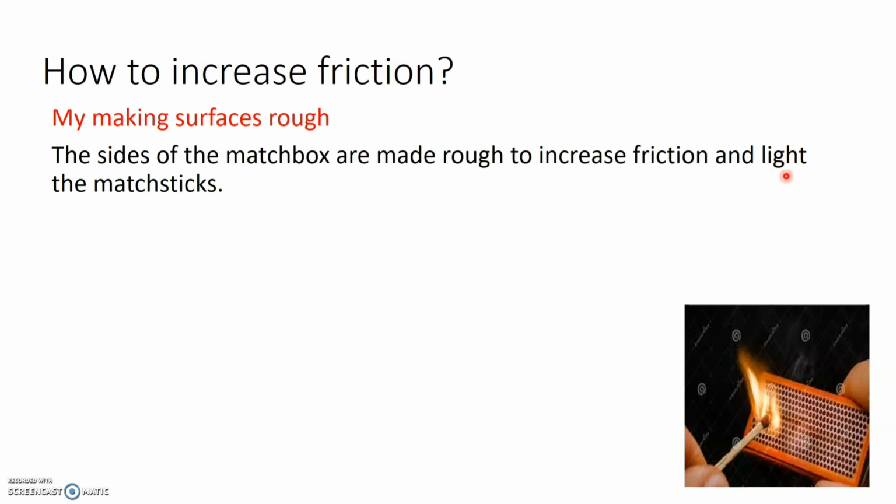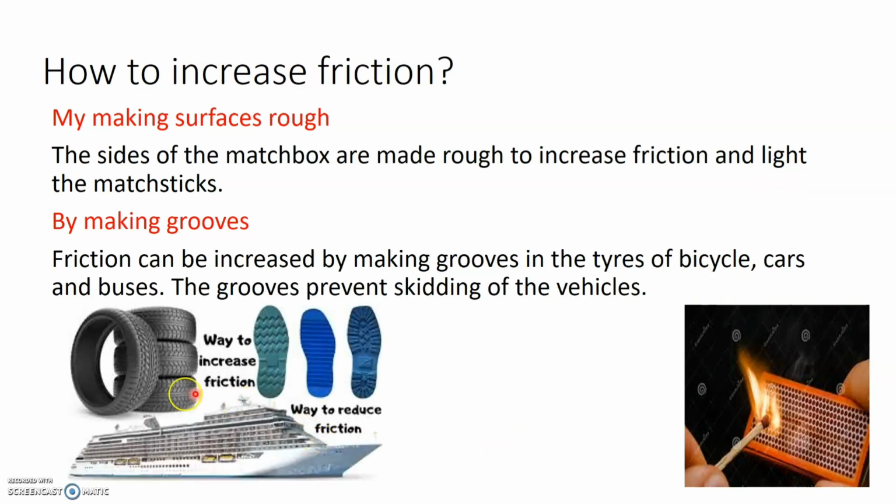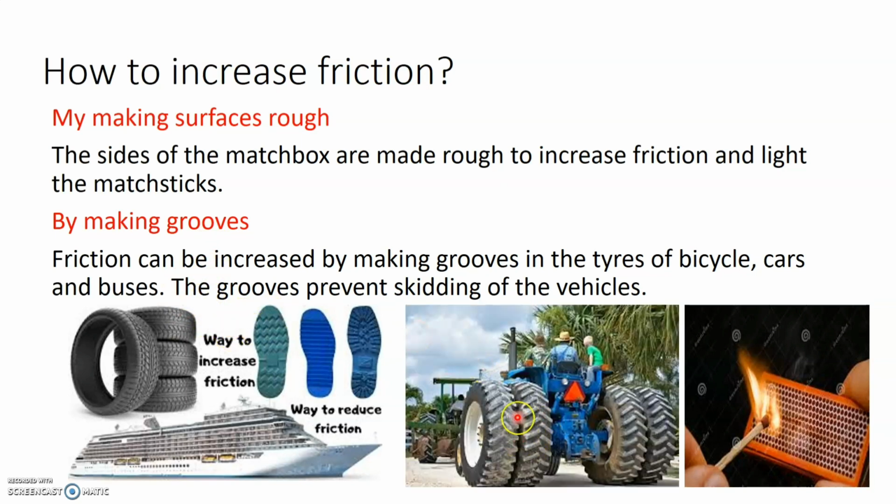Another way in which we can increase friction is by making grooves, like you see here in the picture. If you notice the tires, you can see that there are various cuts on the tire. These are nothing but grooves. So friction can be increased by making such grooves, as you see in the tires of bicycles, cars, trucks, buses, etc. The grooves present here will prevent vehicles from skidding off the road.